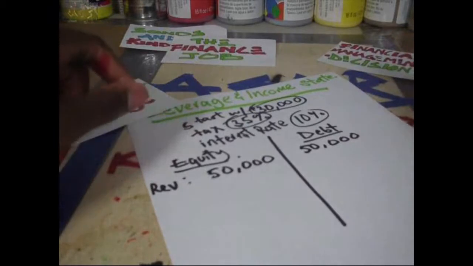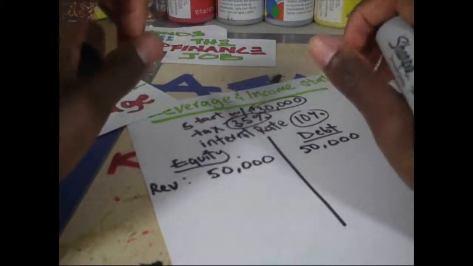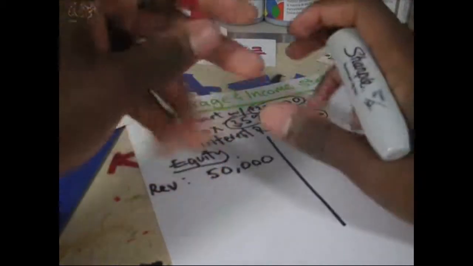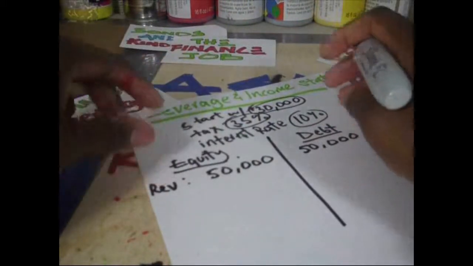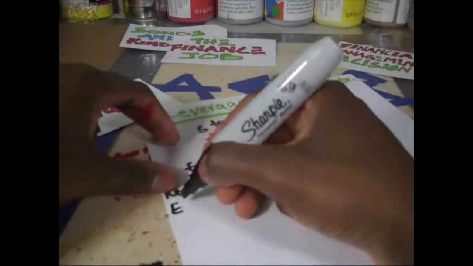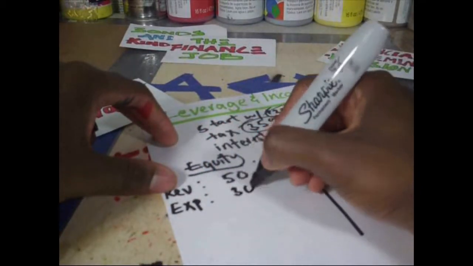Okay? Whatever the expenses are, all right, we're looking at a very simplistic income statement here. So it's just revenue minus expenses. That's all we're really concerned about right now. Regardless, we had to spend that $30,000. So that's all we have to worry about, that our expense was the $30,000.